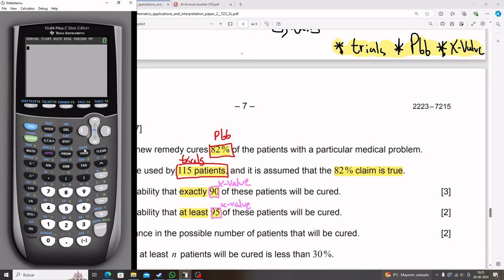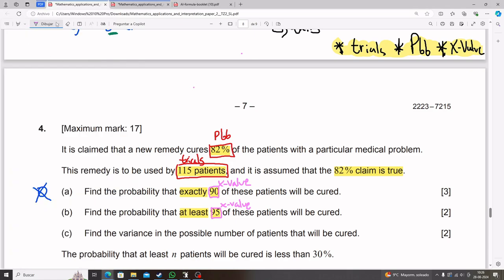Because we're talking about a distribution, you will be pressing that distribution button in blue in your graphing calculator. So you press second vars, go to distribution, scroll all the way down until you find something that says binomial, and here it is. You have two main tools, binomial PDF and binomial CDF.